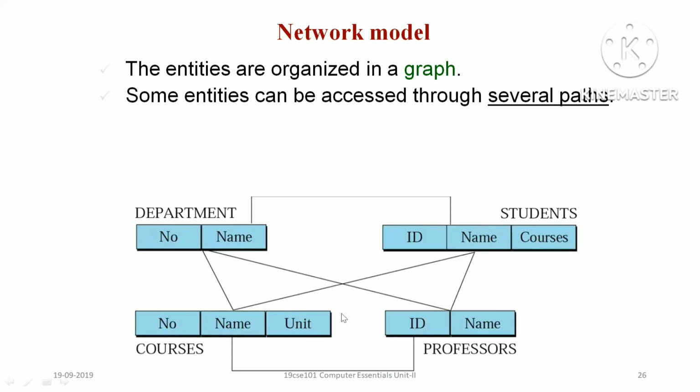Department is here. Department is connected with professor. Department is also connected with a student, and department is also connected with course. Similarly, a student is also connected with department, with course and professor. Course is also the same. Course is connected with professor, student, and department, and professor is also the same.